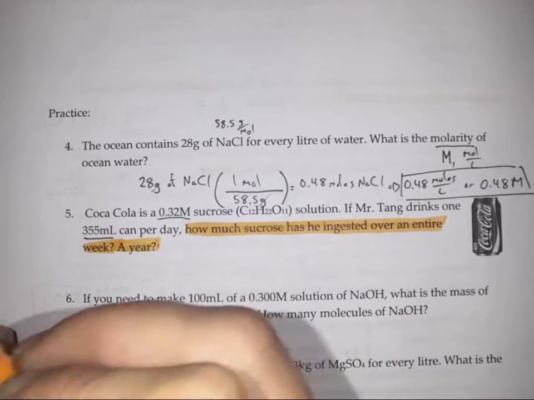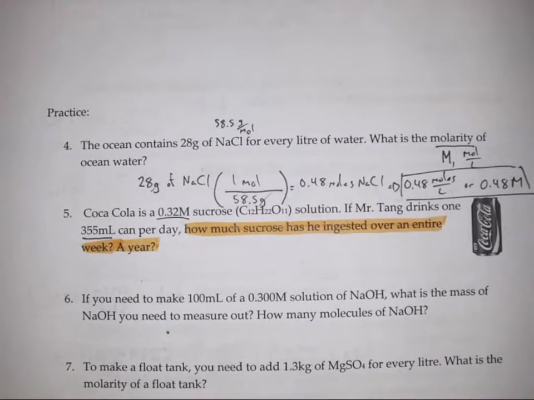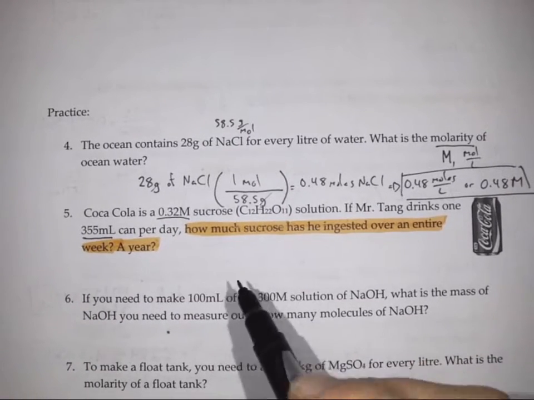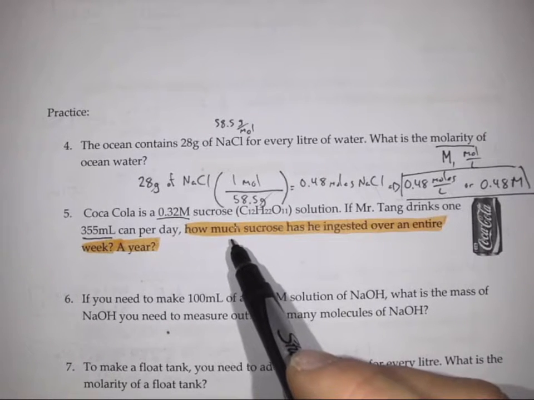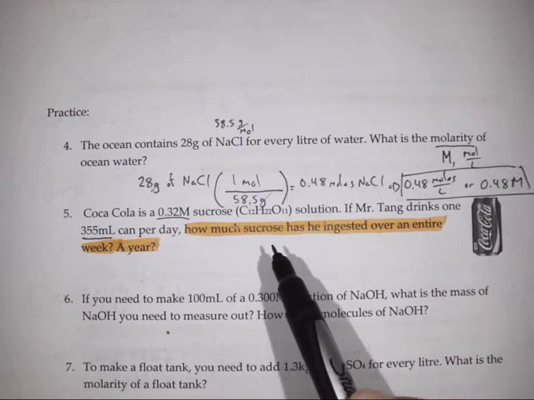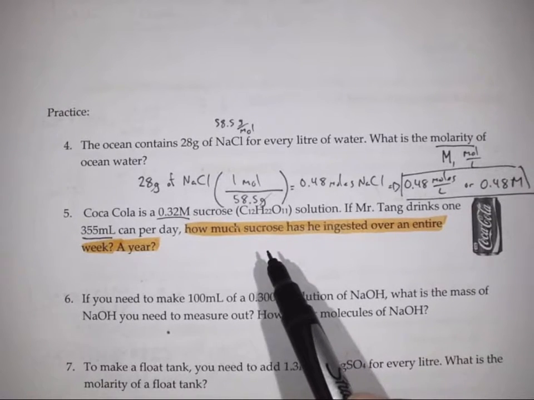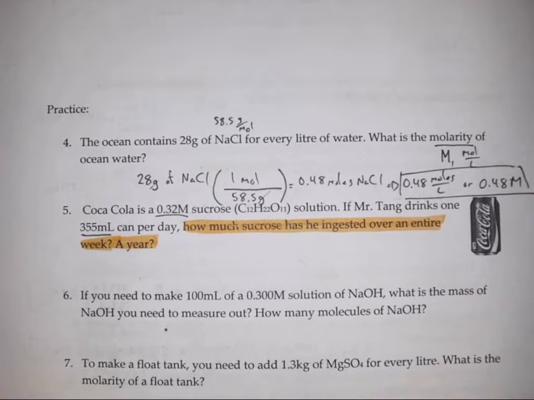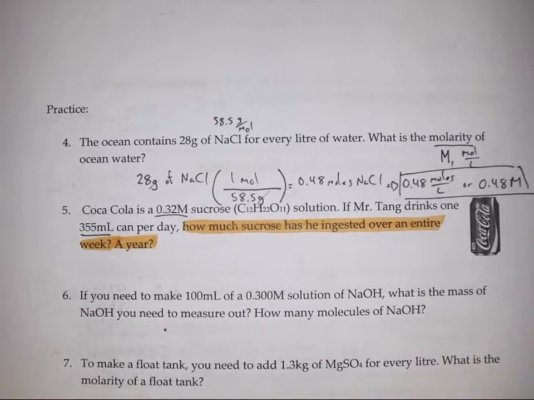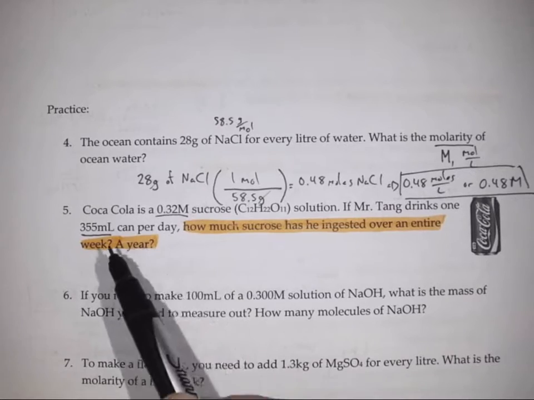How much sucrose? That's not a well-defined question. What do we mean, how much sucrose? How many moles of sucrose? How many grams of sucrose? That could be more specific. I think we should choose the most illustrative option. Most people don't know much about moles, and so if we can express it in terms of grams or maybe kilograms, something people can understand, that might be a better option.